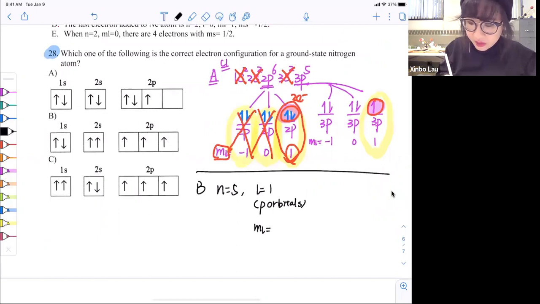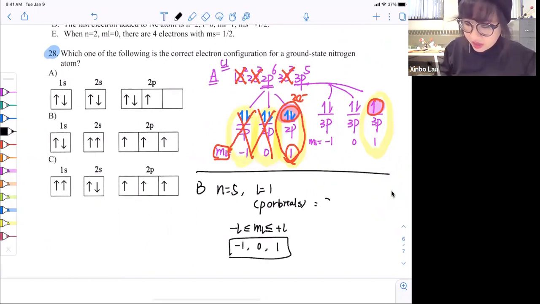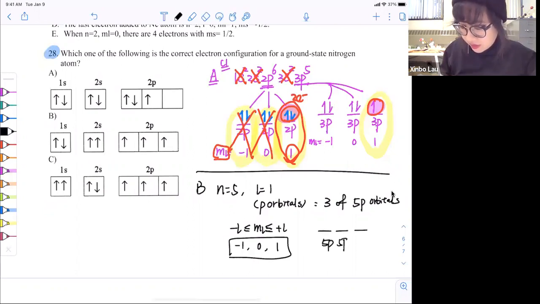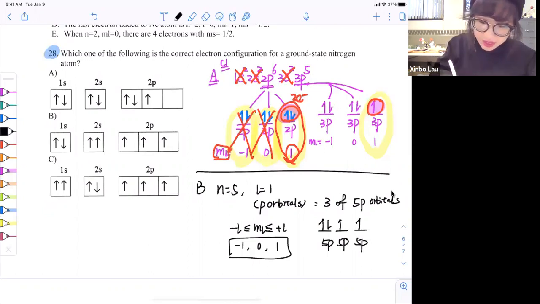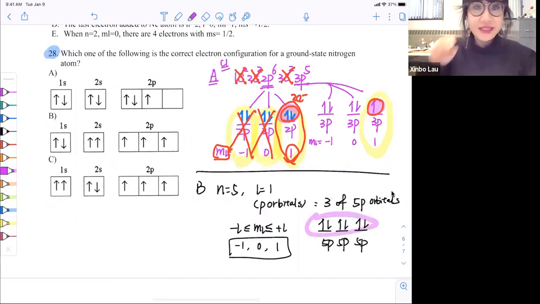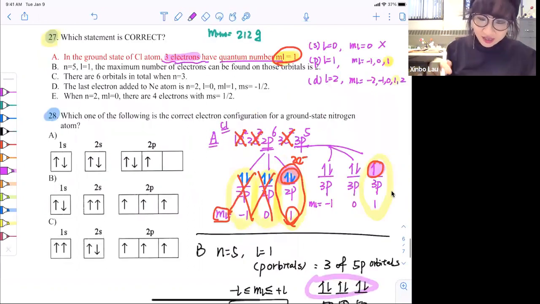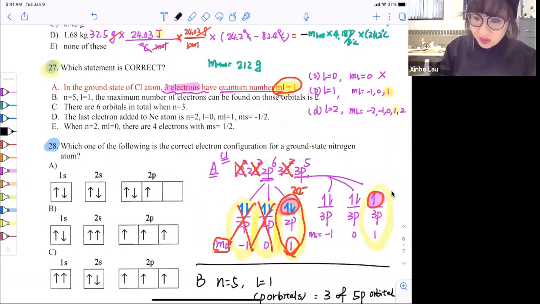M sub L value equals to what? Positive L, negative L. So that's -1, 0, and 1. So 3 orientations means I can have 3 of that 5p orbitals. Each orbital, how many electrons can I put over there? Maximum is 2, right? So how many electrons in total? Should be 6, right? But the question is saying it can be only 2, so that's wrong.